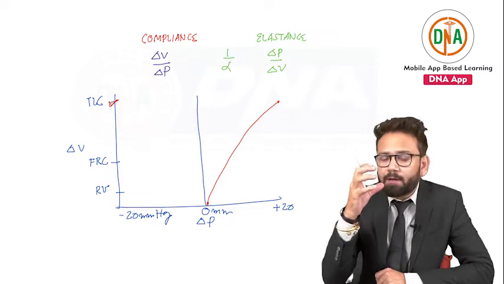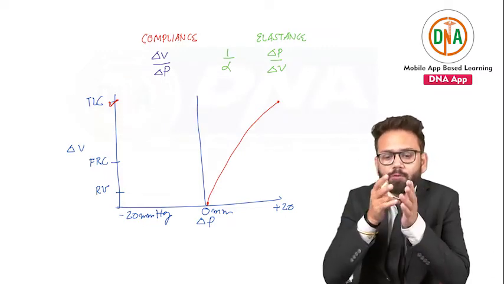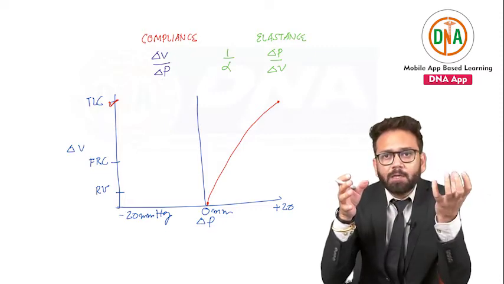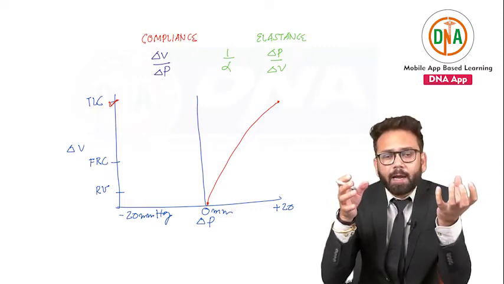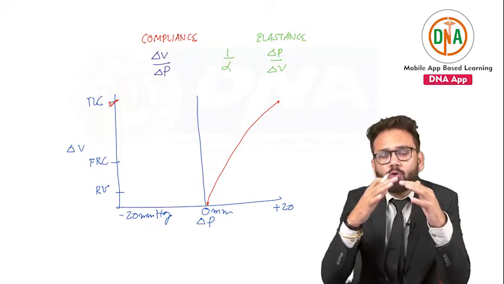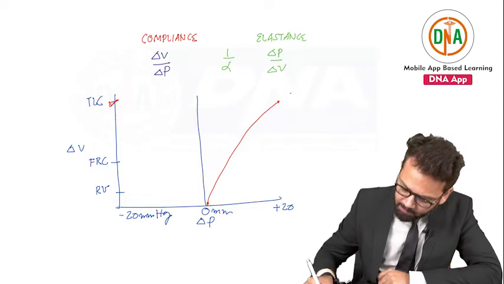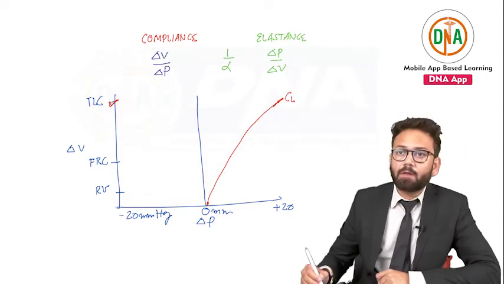So the basic property of lung is to collapse. If you put the lung away separately, it will collapse and occupy 0 volume. And if you fill air in that lung, the maximum capacity is total lung capacity. So this is the compliance of lung.